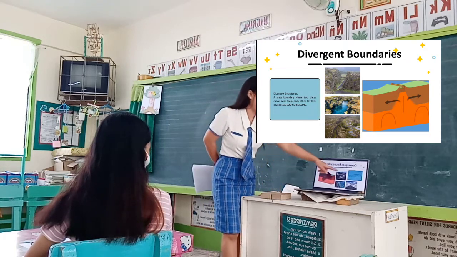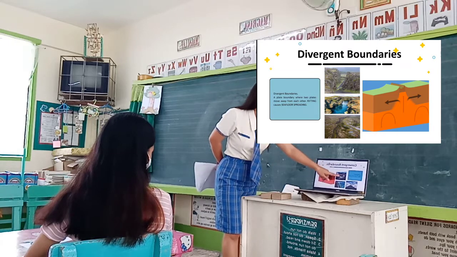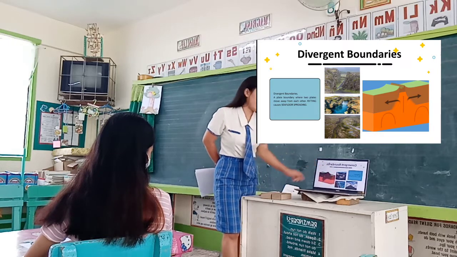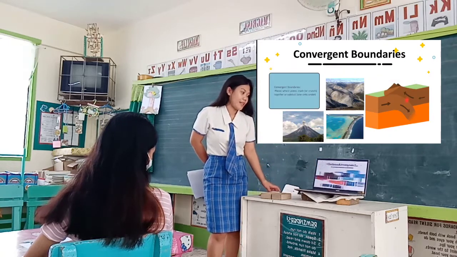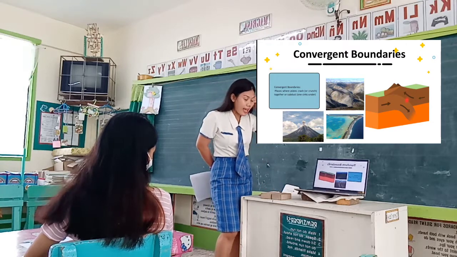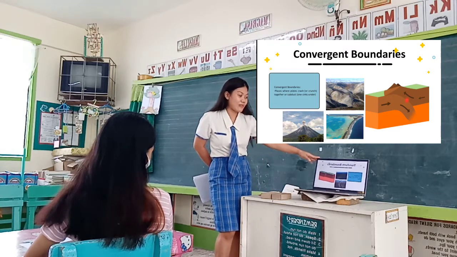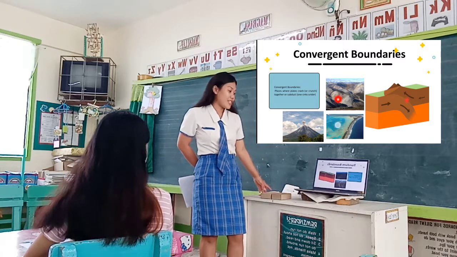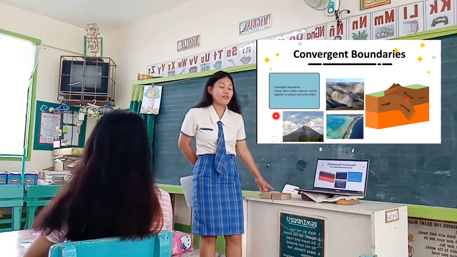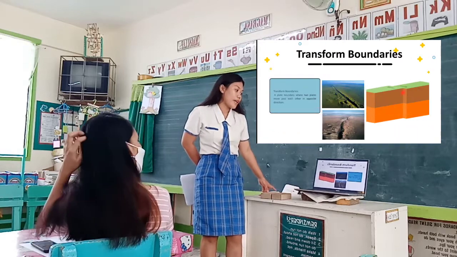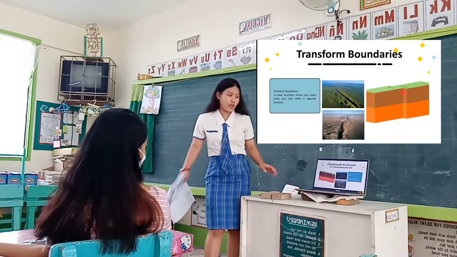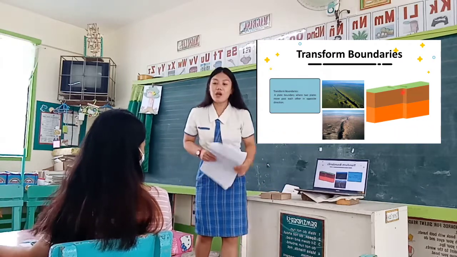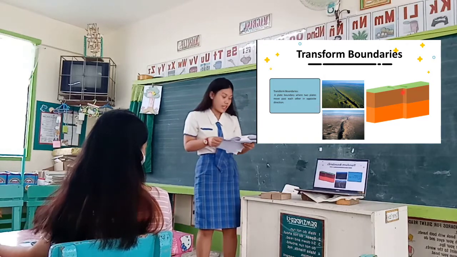Now this is the geological event that can be formed in the convergent boundaries. And the last one here is transform boundaries. Transform boundaries is defined as a plate boundary where two plates move past each other in opposite directions.